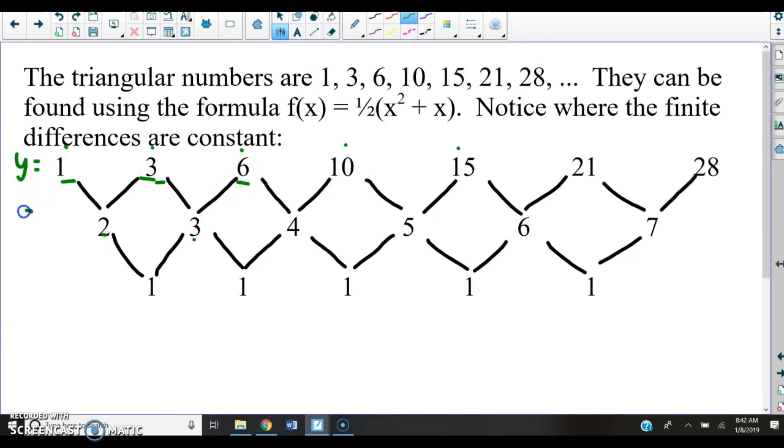So this is your first difference. Here's our second. And the second are all the same. So I know this is an x squared. And notice that that is x squared. Yes, it has an x too, but your highest degree is going to be the same as what order difference it is. Right?